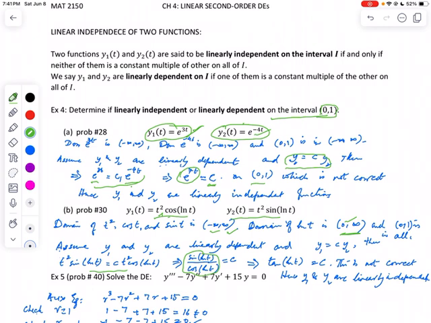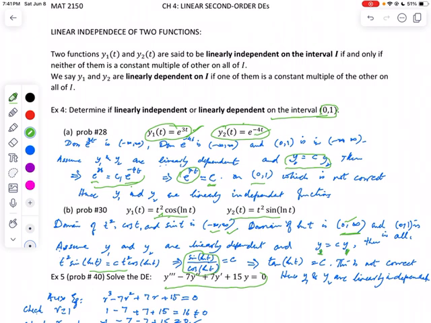Actually I did the opposite: I did y2 is equal to c times y1. Anyhow, we get that tangent of ln t is equal to a constant. But the tangent function is not a constant function, so we get a contradiction, hence they are linearly independent.